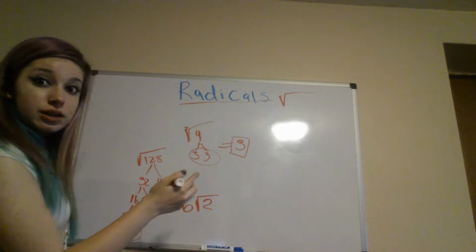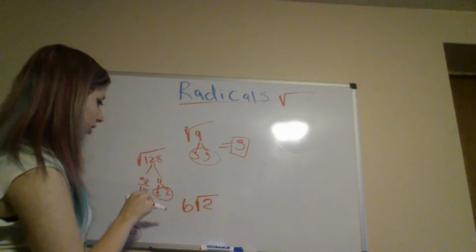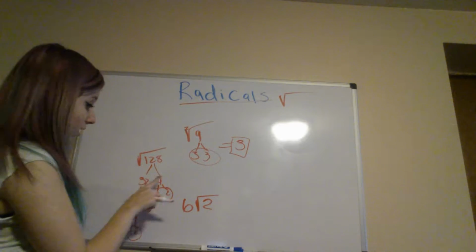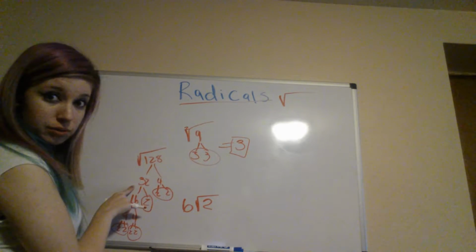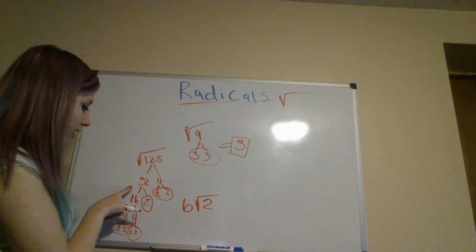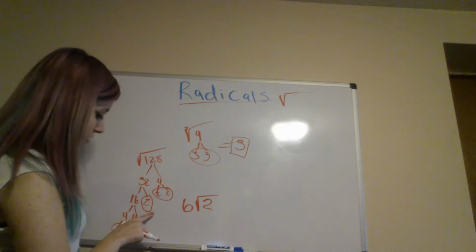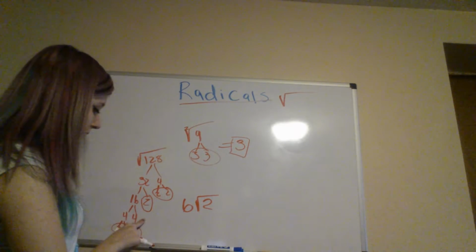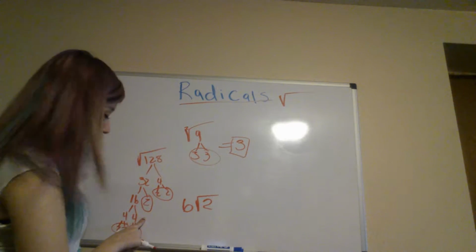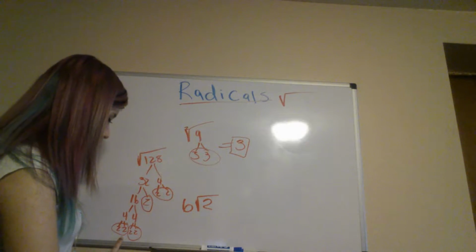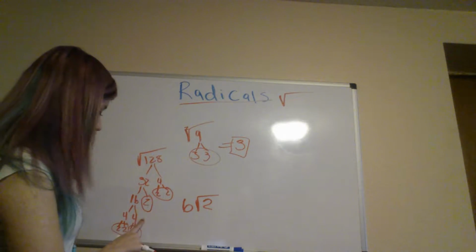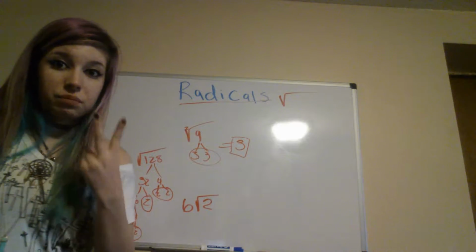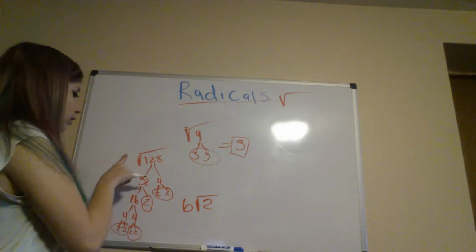So, to recap what I just said, 128 breaks down to 32 and 4. This 32 can break down even further and go into 16 and 2. The 16 can break down into 4 and 4 and the 4 can break down into 2 and 2. This other 4 also breaks down into 2 and 2. We are looking for a group of 2, since this is a square root.